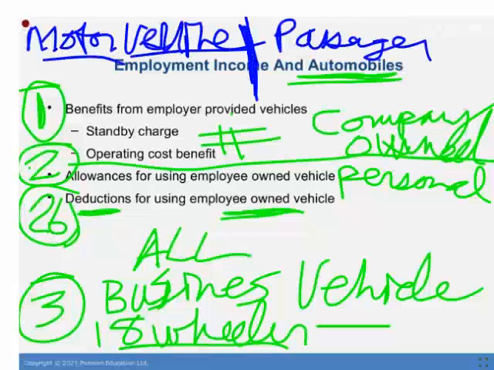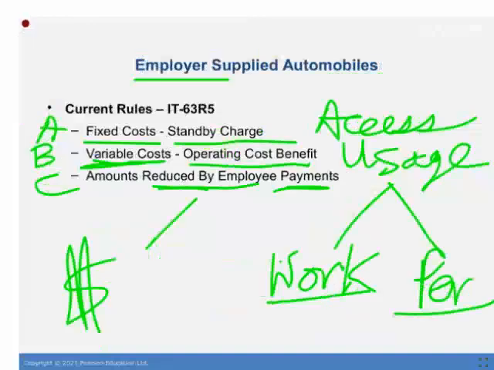Danielle says, for primarily business use, a taxi driver would be a good example of this. Yeah. For cab drivers, it's kind of an interesting one, because often they are self-employed and they're providing the vehicle, right?